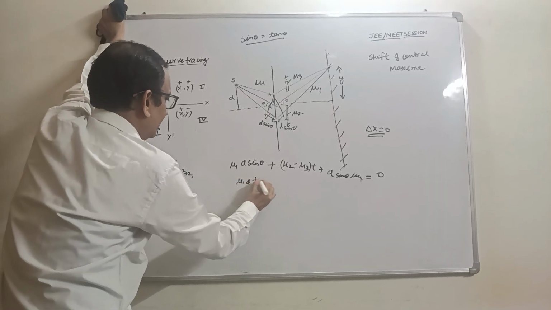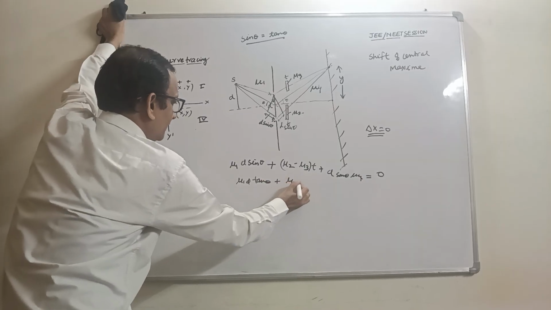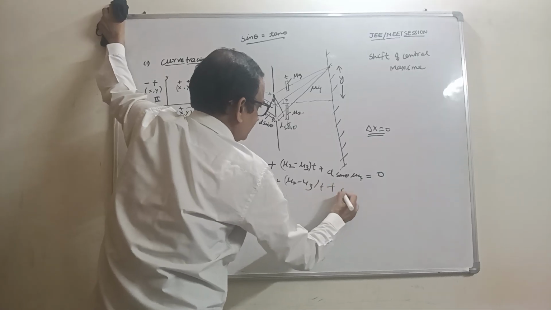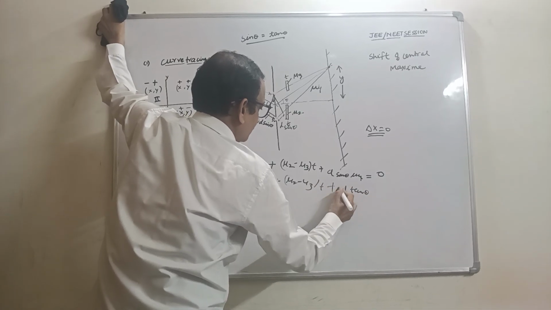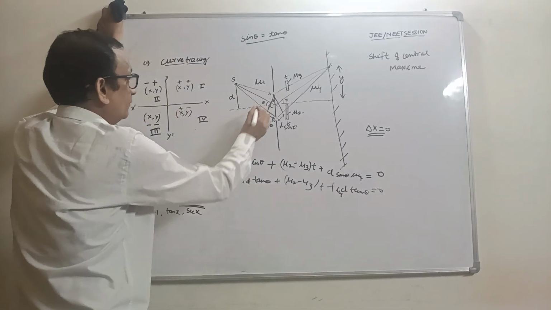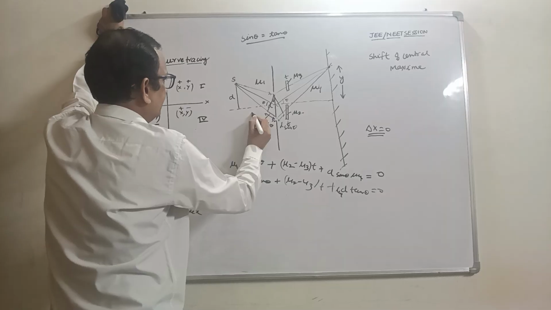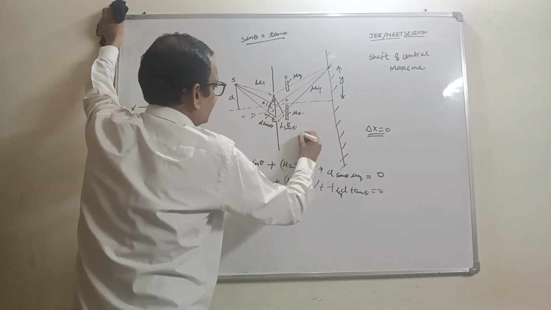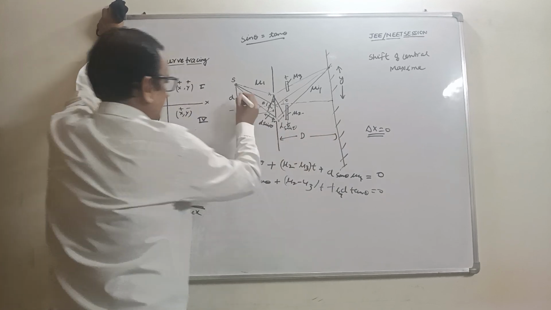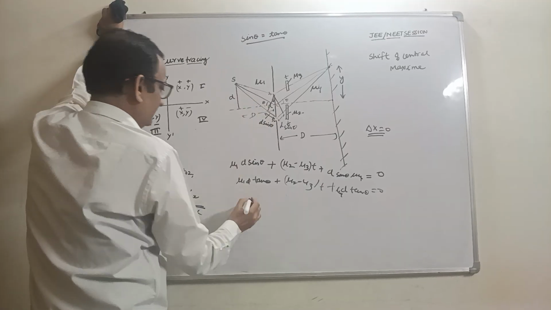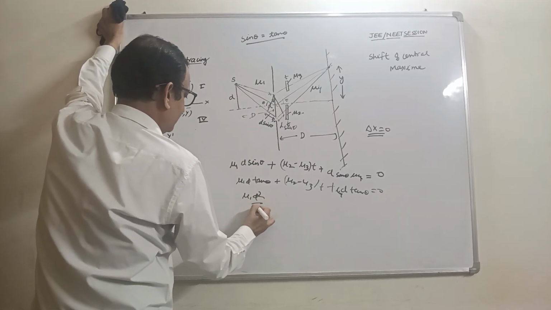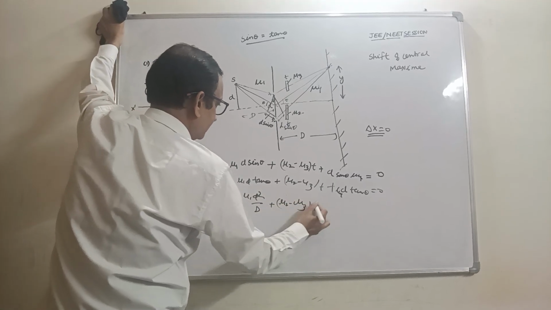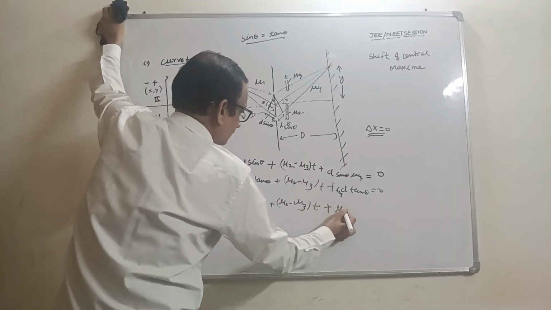Mu1 d tan theta, plus mu2 minus mu3 into t, plus d tan theta mu4, is equal to 0. So tan theta would be, suppose this distance is D and this distance is d, tan theta would be d by D. So this will be mu1 d squared by D, and this would be mu2 minus mu3 t plus mu4 d.